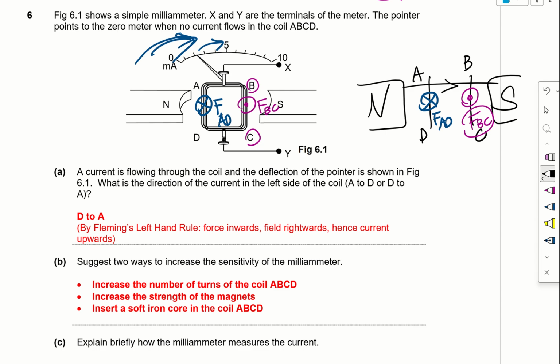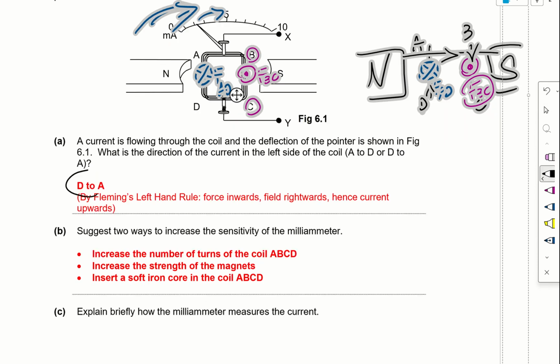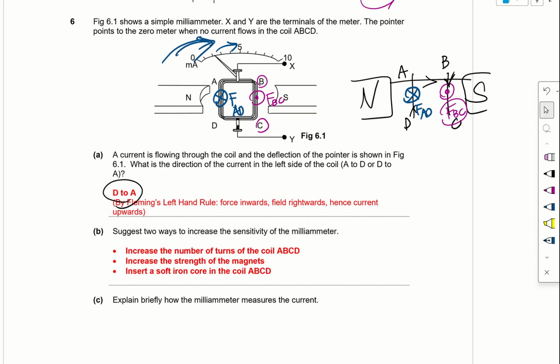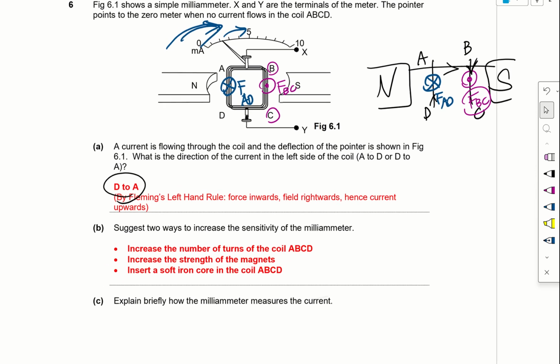My thumb is actually pointing towards myself, and my middle finger is actually pointing to the bottom. So I know the current is flowing from B to C, and therefore the current must be flowing from D to A. Okay. So this looks a little bit complex, but you can ask me in class to show you physically. And I can show you.